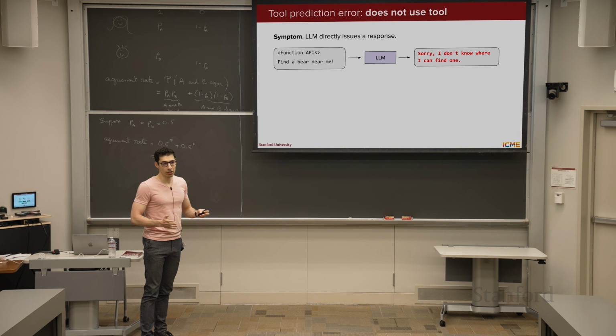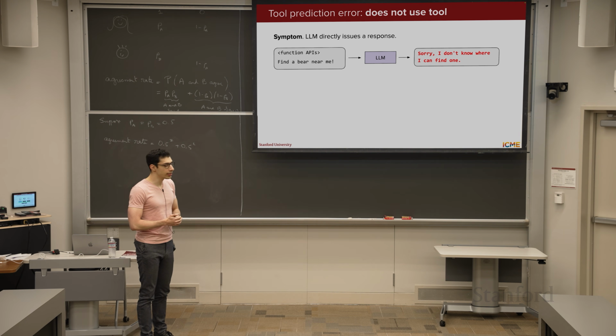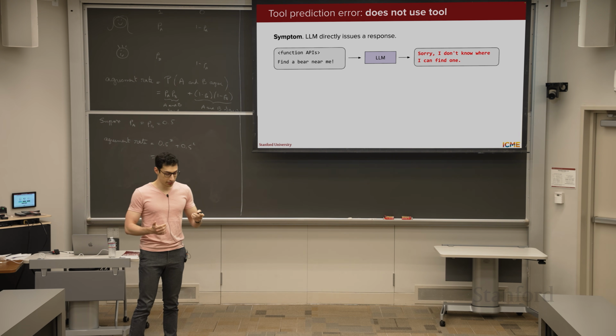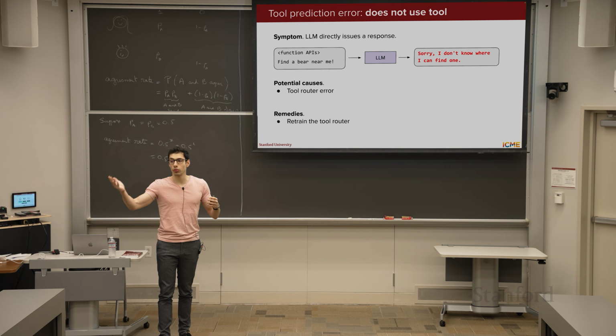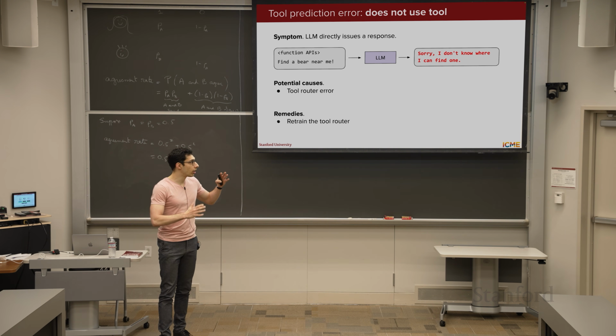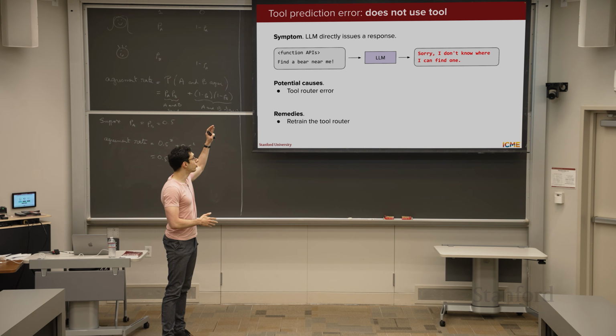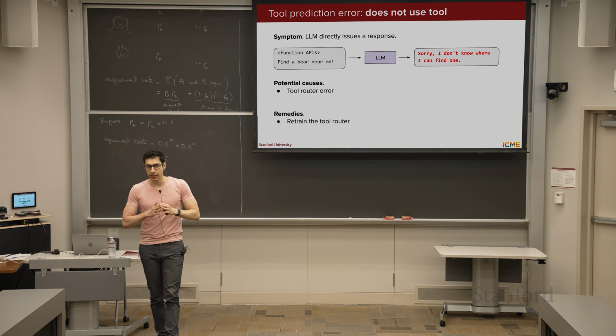And let's see together what could possibly cause this issue and how we could remedy it. So I don't know if you recall the concept of tool router or tool selector that we had introduced. Usually when you are dealing with tools, you don't have just one. You have multiple ones. And the number of tools that might be useful for a large scale LLM, in the sense of number of users, might be large. So you don't want to input all the function APIs at every call.